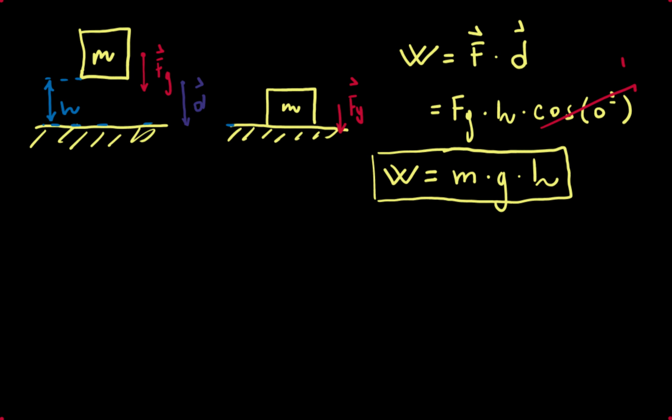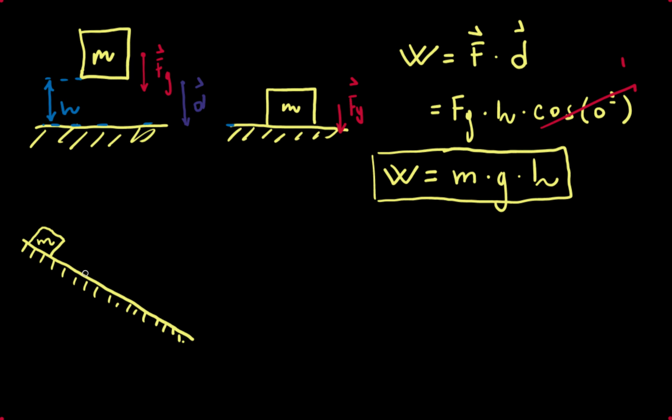Now I'm going to ask you to figure out something slightly different. Instead of just a flat surface, suppose we have mass m, and that mass m is now going down an incline.